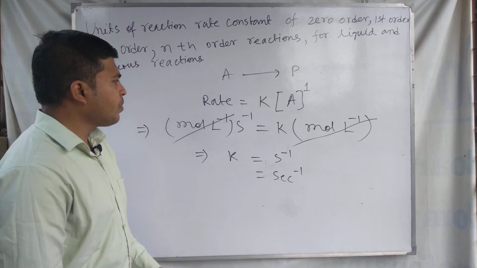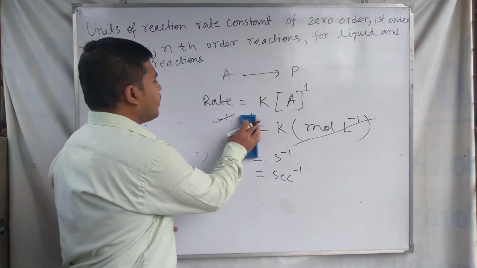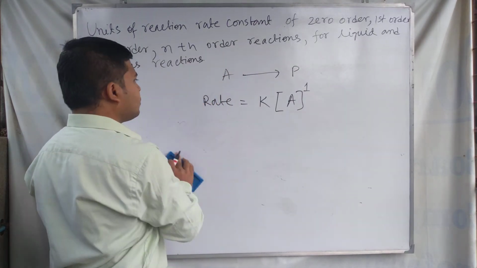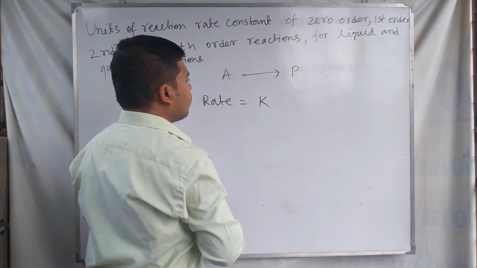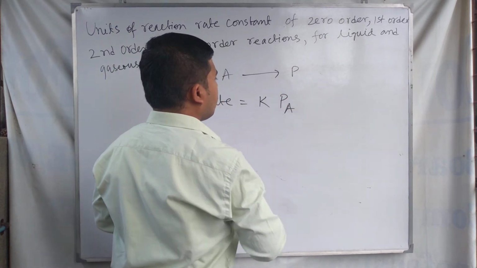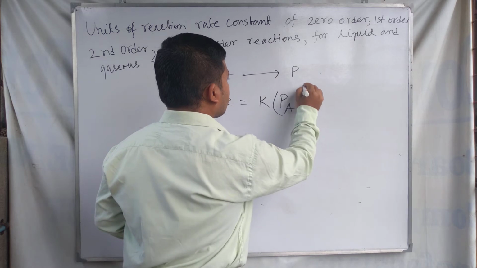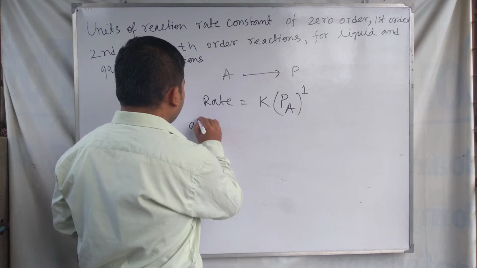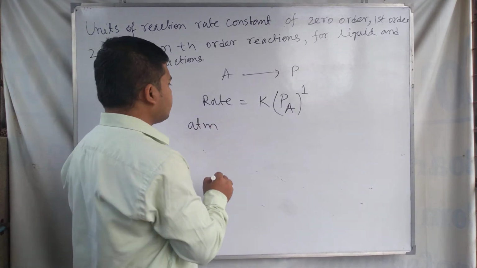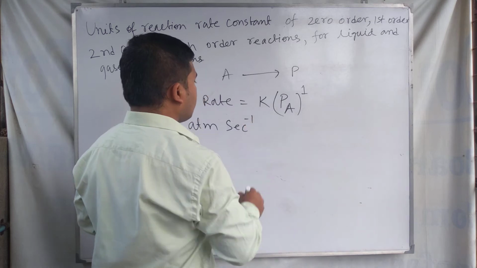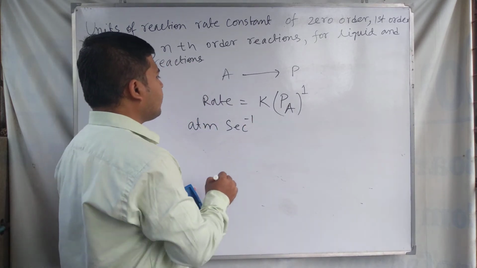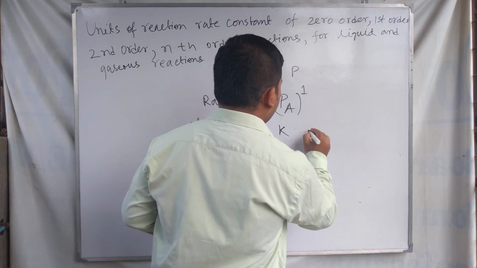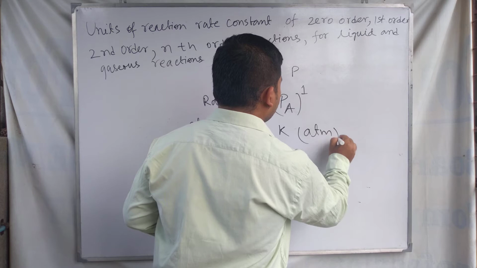But the question is when the reaction is taking place in the gaseous medium. In the gaseous medium, the concentration changes into partial pressure of A to the power 1, because it is a first order reaction. So rate equals atm per second, atmosphere per second, k, and the partial pressure of A, that is atm.